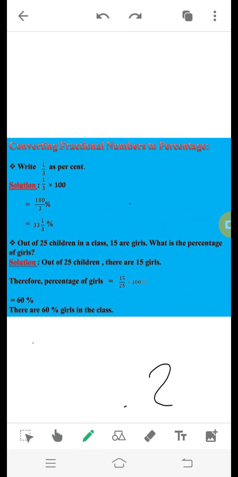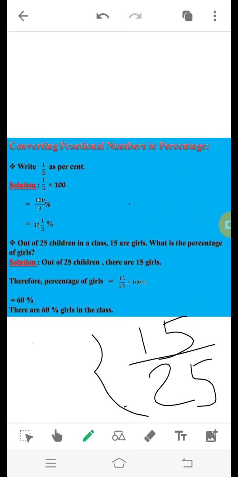So the total number that you have to write below. After 25, 15 are girls. So that number you have to write above. Means the total number that you have to write below, and out of that number that you have to write above. So the number becomes 15 divide 25.